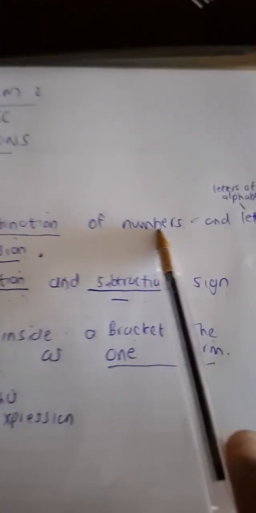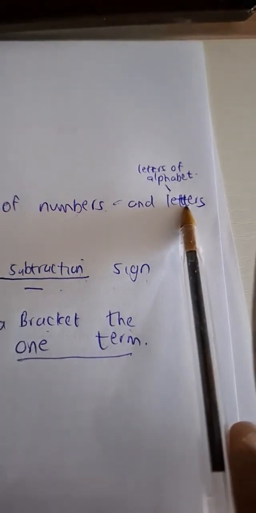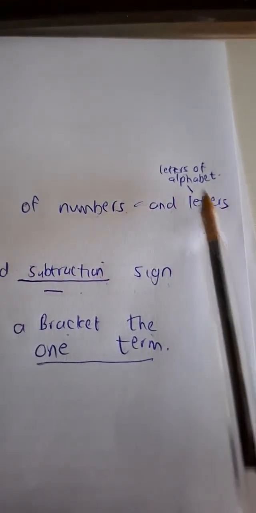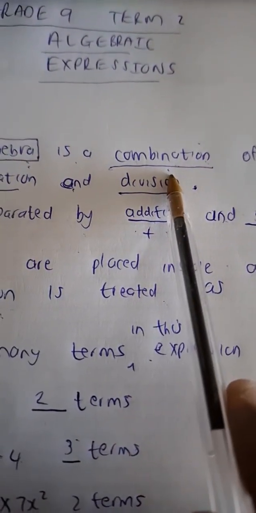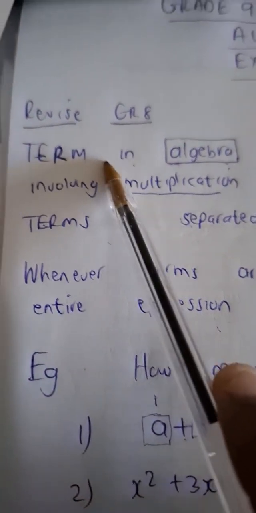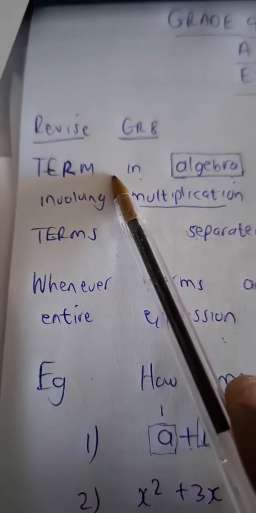Repeat. A term in algebra is a combination of numbers and letters. By letters, we mean letters of the alphabet, involving multiplication and division. That is a term. Remember, term is singular, one.